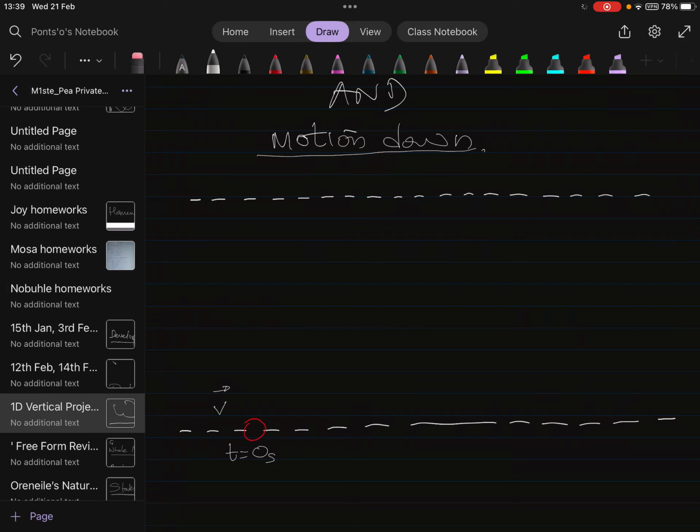Somewhere at t equals tm, so the m is for max, the ball reaches its maximum height. Okay, just do that.